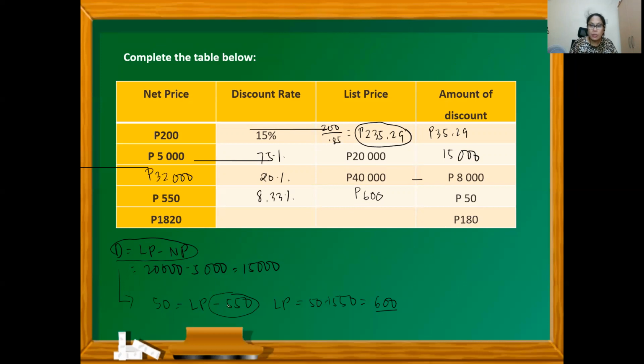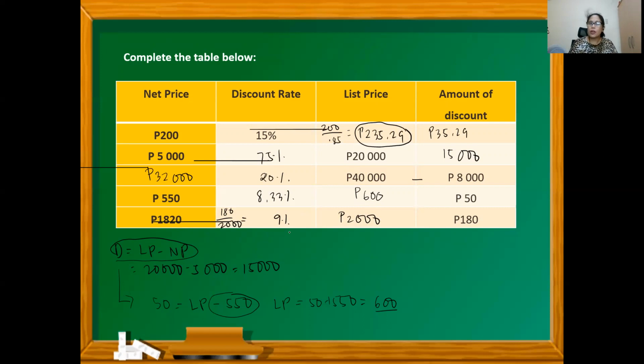Okay, so 180 plus 1,820 gives us 2,000. So the list price is 2,000, and this is equal to 180 over 2,000 times 100%. This gives us 9%.